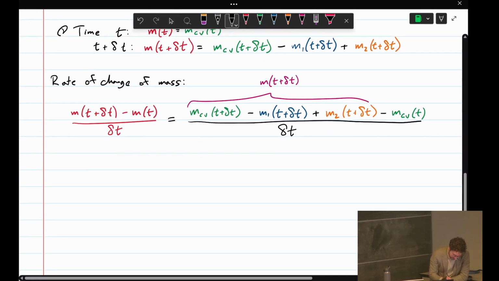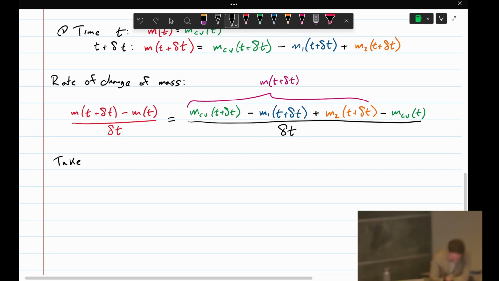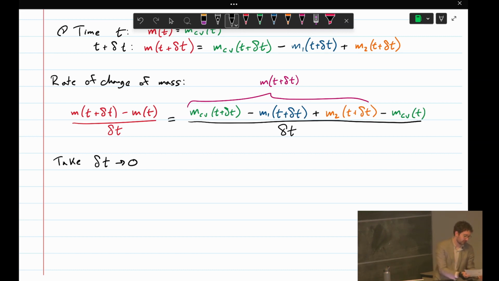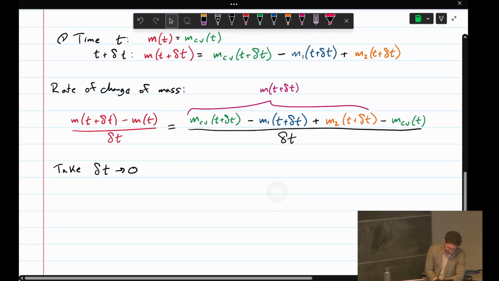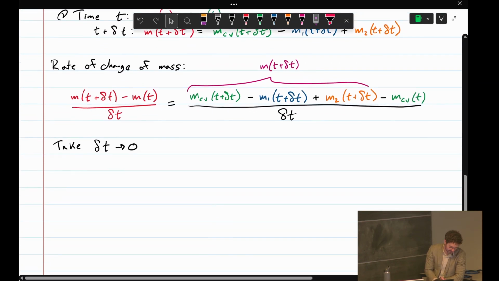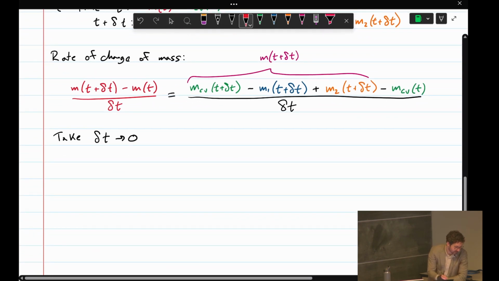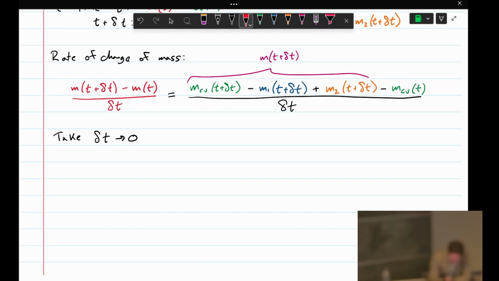Okay, so we're going to take a limit here, delta t going to 0. The other thing is, yeah, okay, I'll just take this limit. So I'm going to use capital D here because we're going to get basically something that looks like the material derivative.